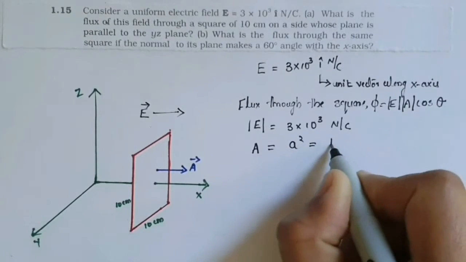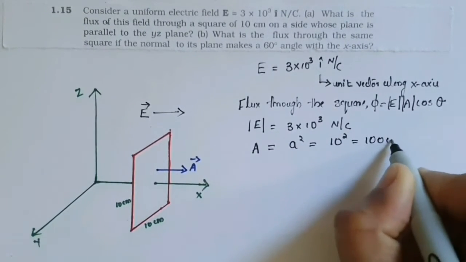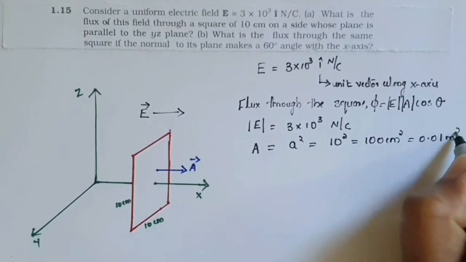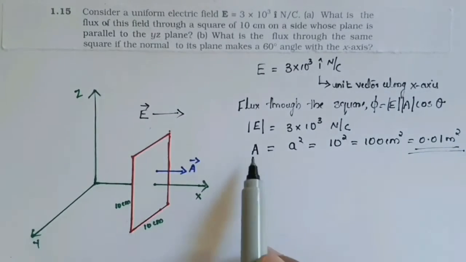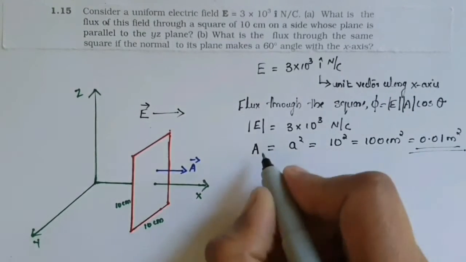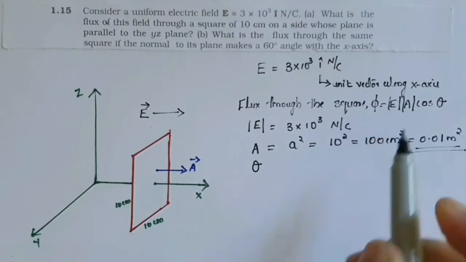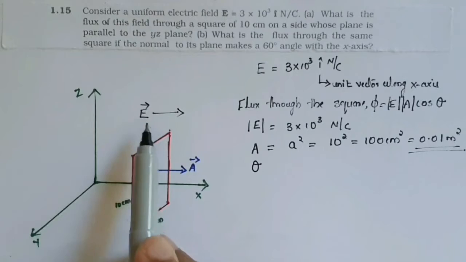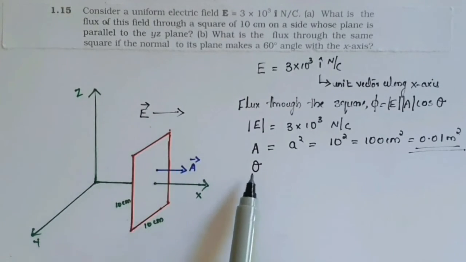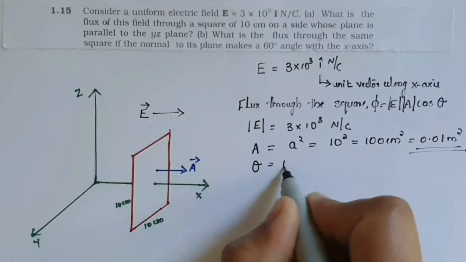So this is equal to 10 square, that is 100 cm square, or 0.01 meter square. Now theta, that is the angle between E and A. Since the electric field and area vector both are acting along the x-axis, the angle between E and A is 0 degree.